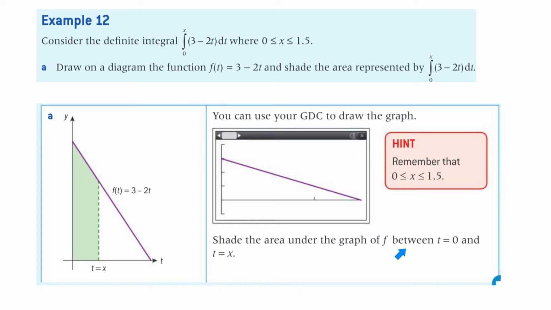Shade the area under the graph of f between t equals 0 and t equals x, just like that. So you could have just put that function in your calculator and then copied it in. Make sure that you label the axes, and also write the function there. You should really put these points because you lose points if you don't actually put where it crosses the axes. So here we know that point is 3 and we know that point is 1.5 there.